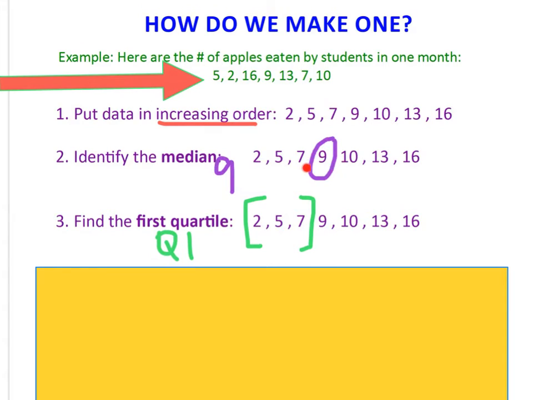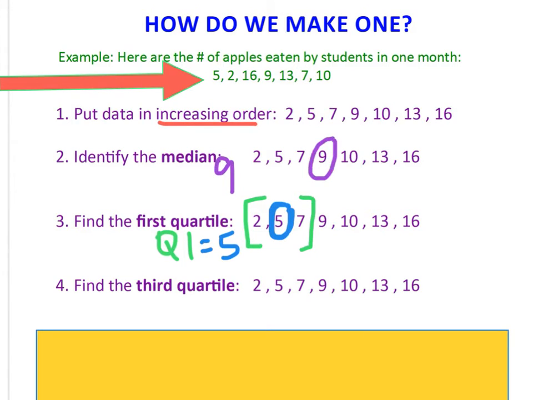The numbers below my median are the lower half of my data. The first quartile is the middle of that lower half. So 5 would be Q1. It's the middle of the lower half of my data.